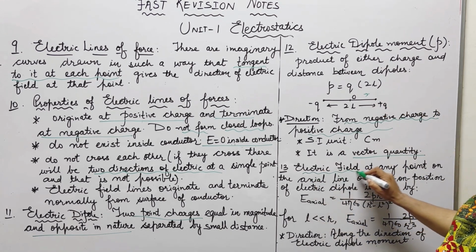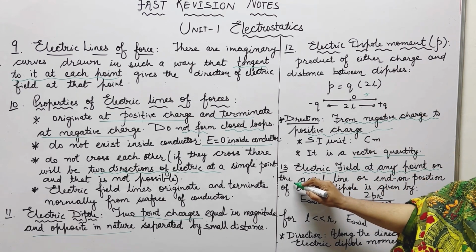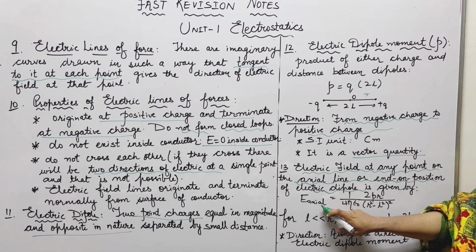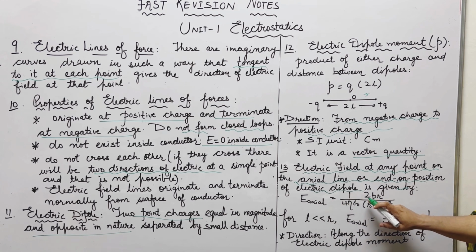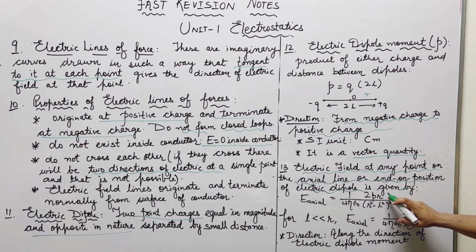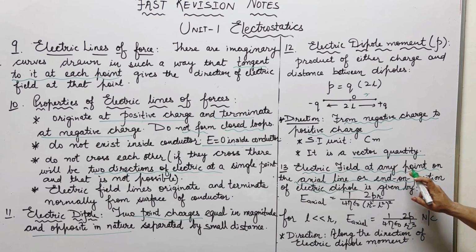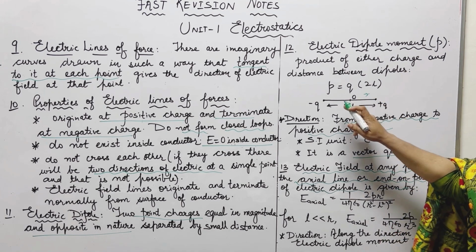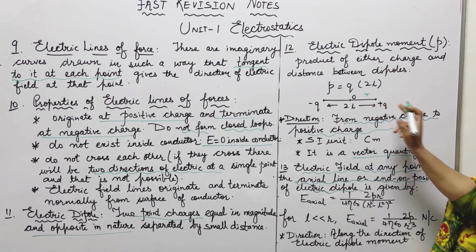Next is the electric field at any point on the axial line or end-on position of electric dipole. It is given by E axial electric field is 1 by 4 pi epsilon naught 2 pr, divided by (r square minus l square) whole square. R is the distance at which that point is lying on the axial line, and L is half of the distance between the two charges.